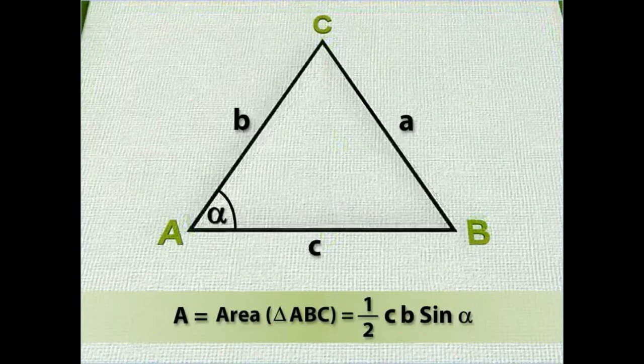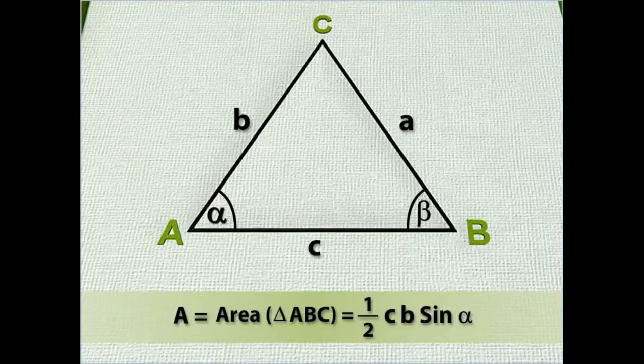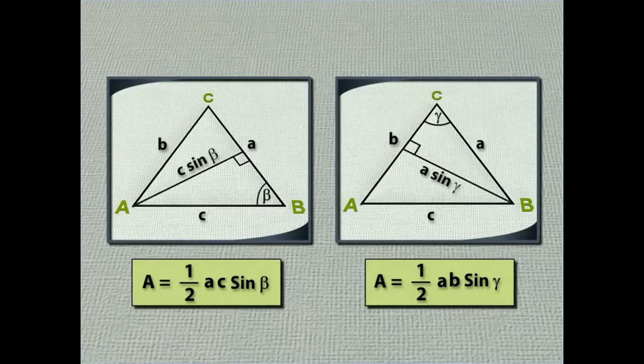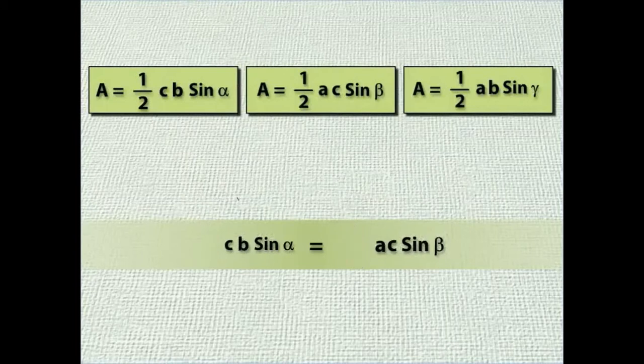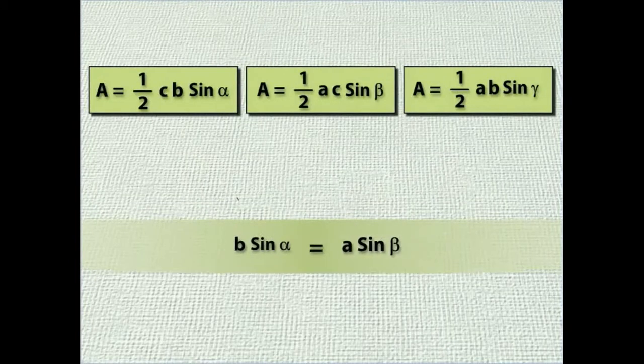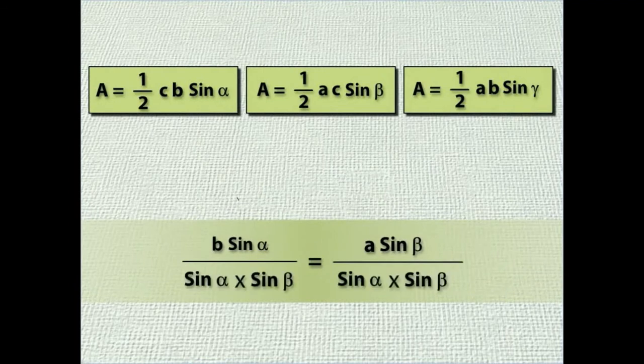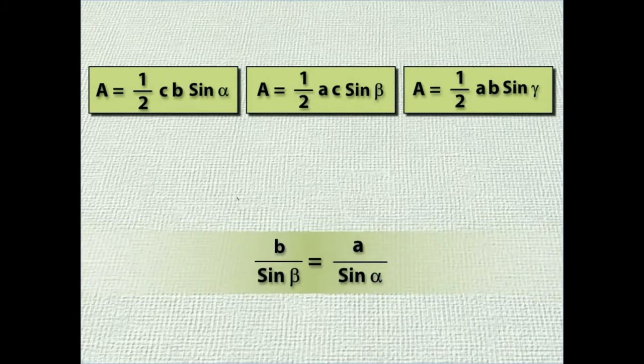If the other two angles of a triangle ABC are beta and gamma, then its area can be calculated by these expressions. Comparing the first two expressions and dividing both the sides by sine alpha, sine beta, you get B upon sine beta is equal to A upon sine alpha.